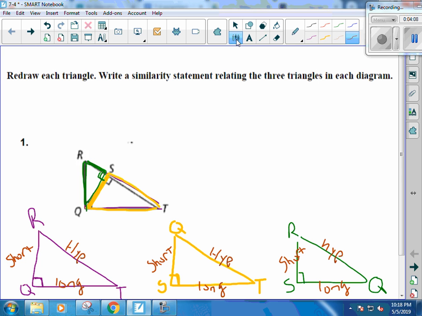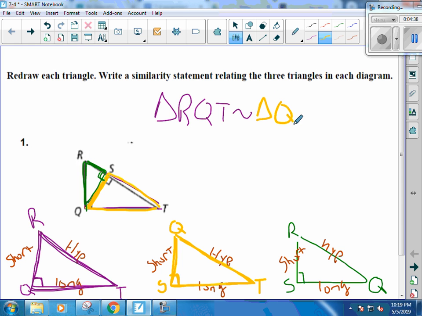So for the similarity statement, starting with the biggest triangle, I can name it any way I want to. I'm going to go RQT: short, long, and back through the hypotenuse. Triangle RQT is similar to, and all I have to do is be consistent: short, long, hypotenuse.